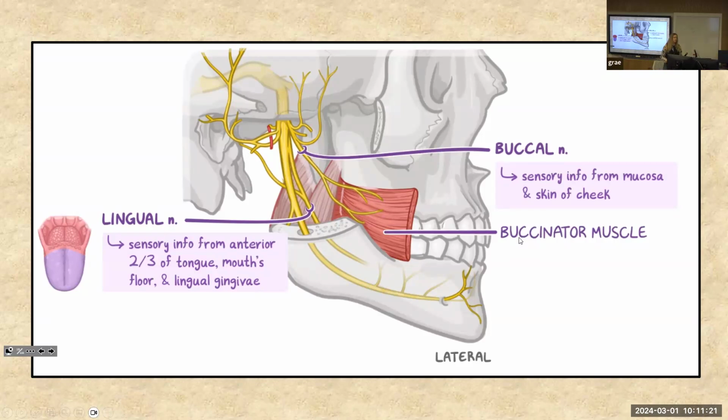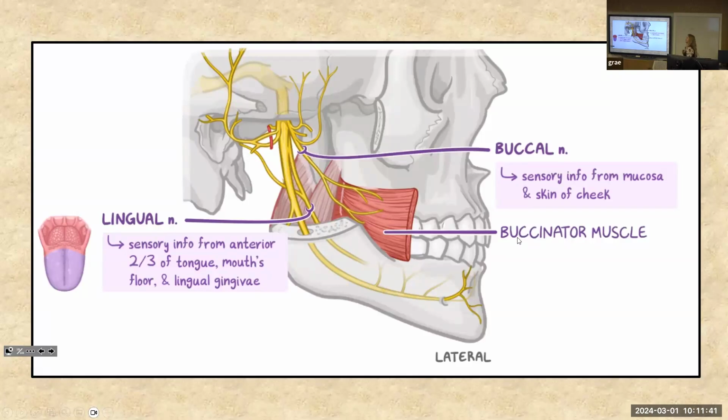So the lingual nerve carries sensation from the anterior 2/3 of the tongue, but it also has these hitchhiker fibers from the facial nerve with it. We'll go over this again because we have a ganglion, the submandibular. We also are receiving taste sensation from the anterior 2/3.